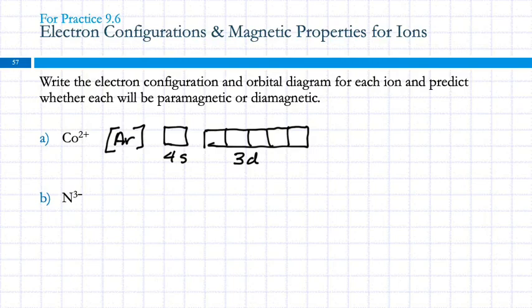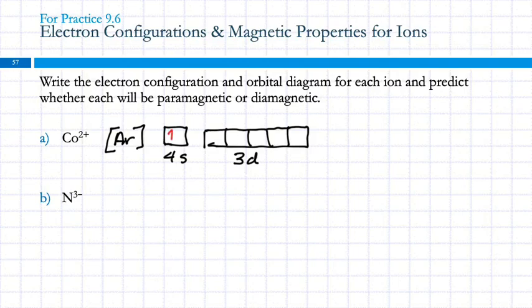And I find it helpful to write the atom first and then take electrons off, because otherwise I tend to do it wrong. So if we look at cobalt, the atom, how many electrons are there after argon? 9, right?